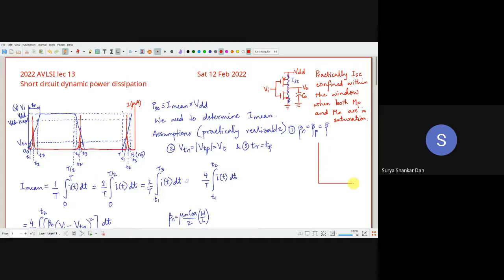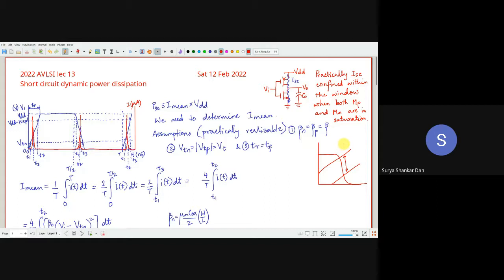If I recap a little bit, remember these three lines. If I remove this, this is the range where you are going to face the ISC, the short circuit current.